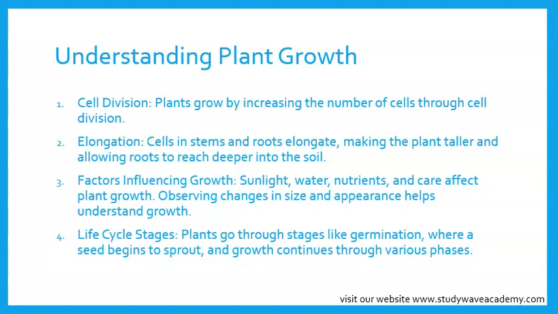Elongation. Cells in stems and roots elongate, making the plant taller and allowing roots to reach deeper into the soil. Stretching out. Stems and roots get longer, making the plant taller. Okay?